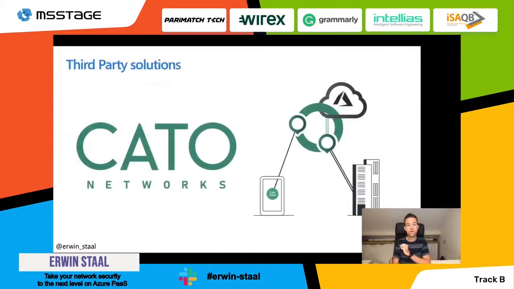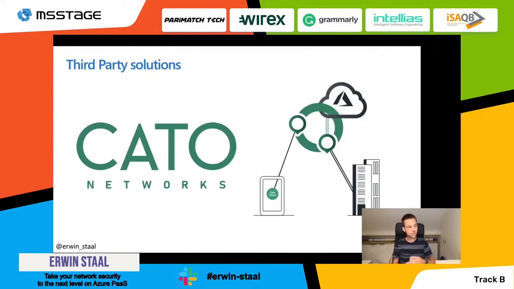Right, so there's also the option to go for a third-party supplier to get this done for you. And in one of my clients, we used a solution from Cato Networks. There's a few benefits you get from going for a third-party solution instead of the built-in Azure ones.